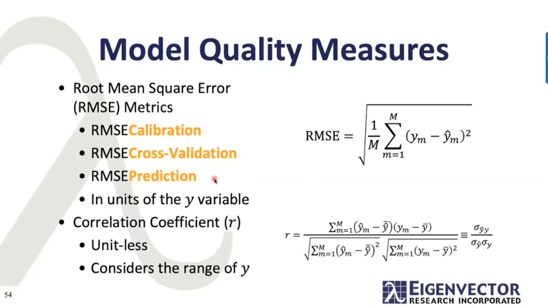So the correlation coefficient is really a relative measure between how far your points are off the regression line versus how spread out they are. And it's unitless and not in the same units as the root mean square errors.